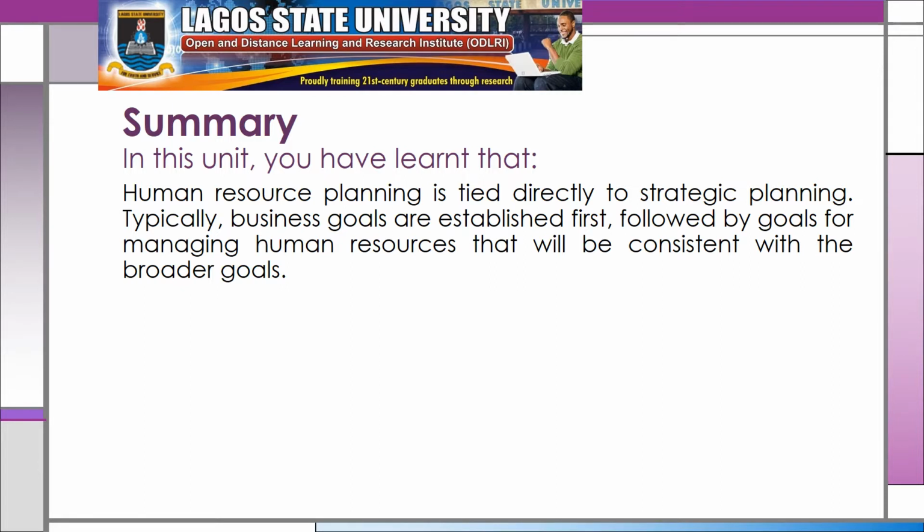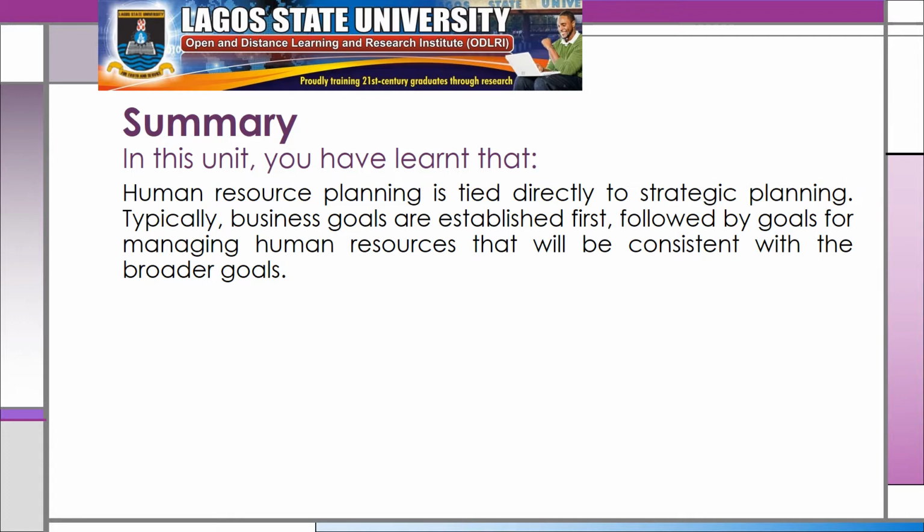In summary of this class, we have discussed what human resources planning entails. We've talked about some of the factors that lead to human resources planning. We have talked about the steps that a human resources manager needs to adopt when developing human resources planning. We have also talked about some of the strategic tools that human resources management can use in the development of human resources planning.